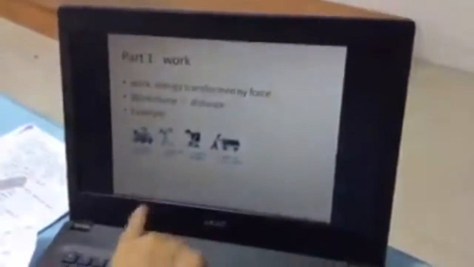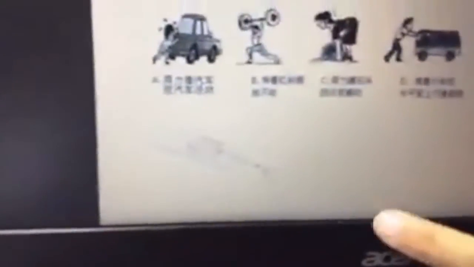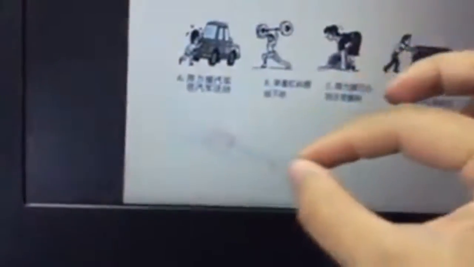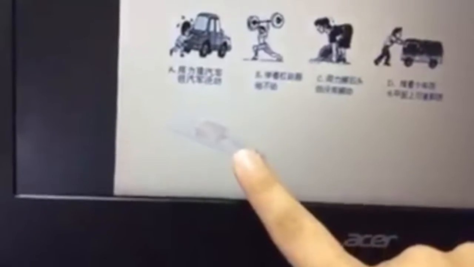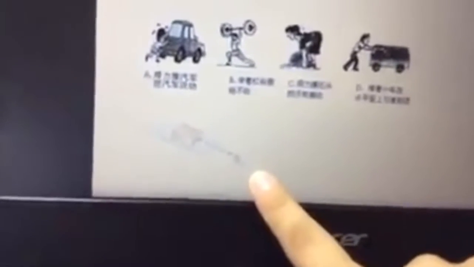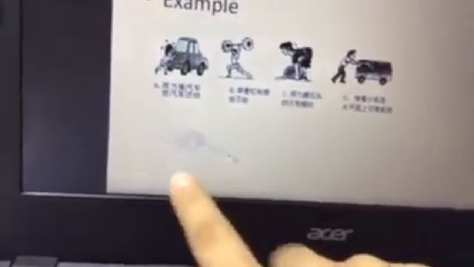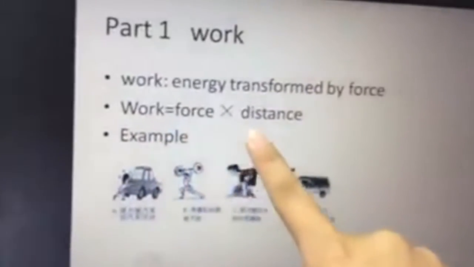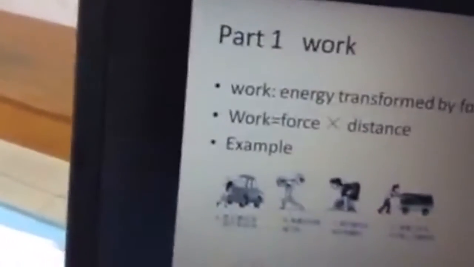Let's have a block here, and let's focus on this. There is a block, and I apply a force of maybe 5 newtons, and I move the block maybe 10 meters. So the work that I apply to this block, we use this formula: work equals force times distance.